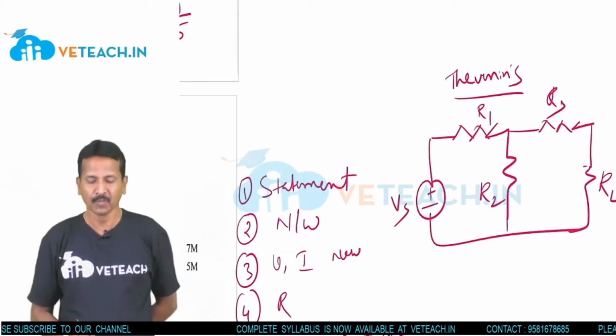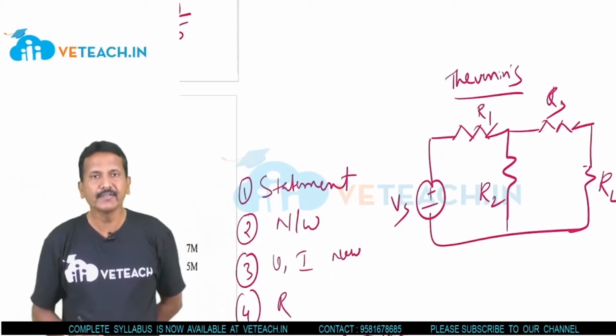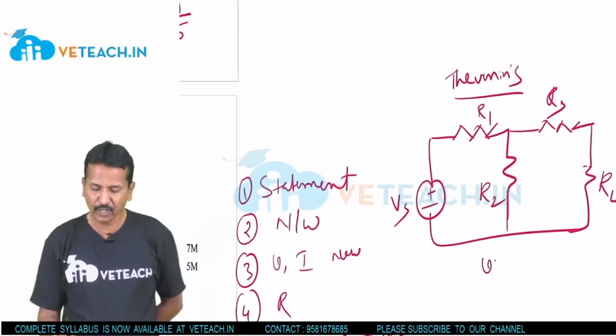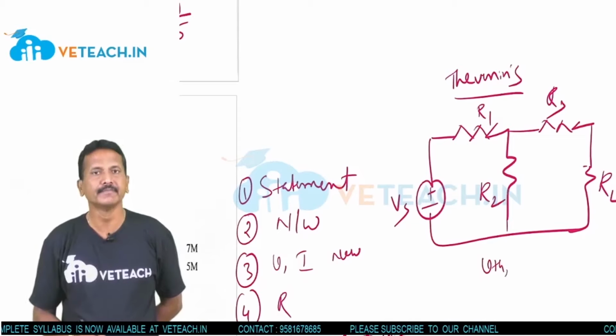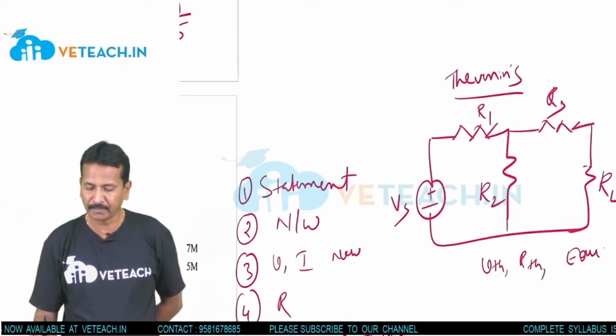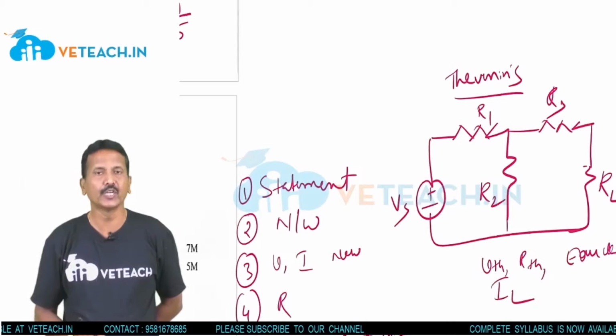Okay students, a network is given. So in Thevenin's theorem, what we have to find is, first VTH, next RTH, next we have to draw the equivalent circuit diagram, and fourth we have to find the load current.